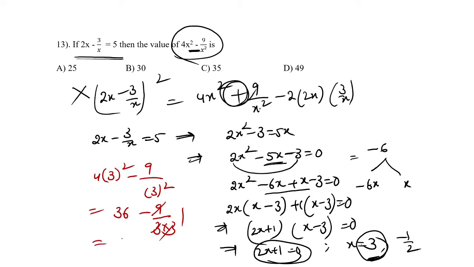So 36 minus 1 means 35. 35 is there in the options, Option C. No need to substitute the other value because we got the answer, that is 35.